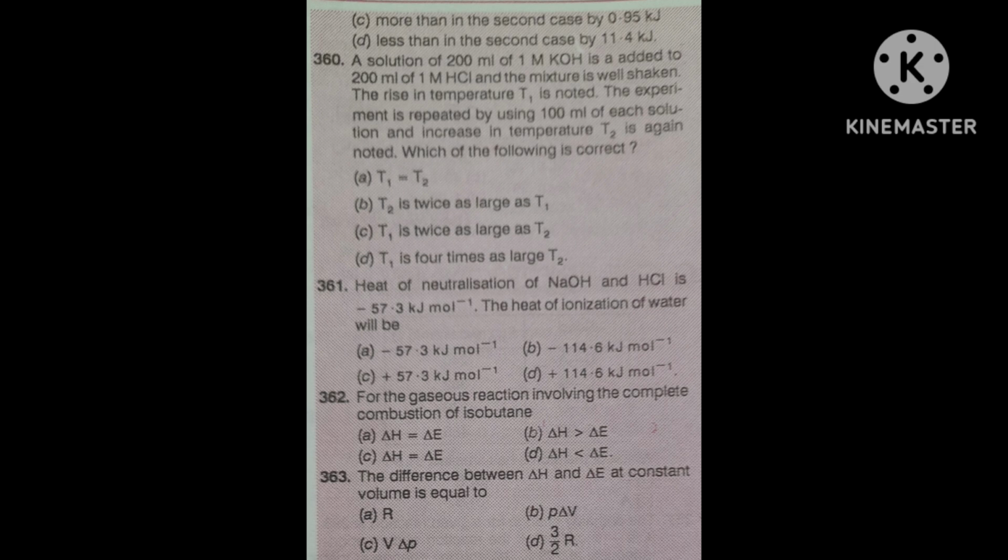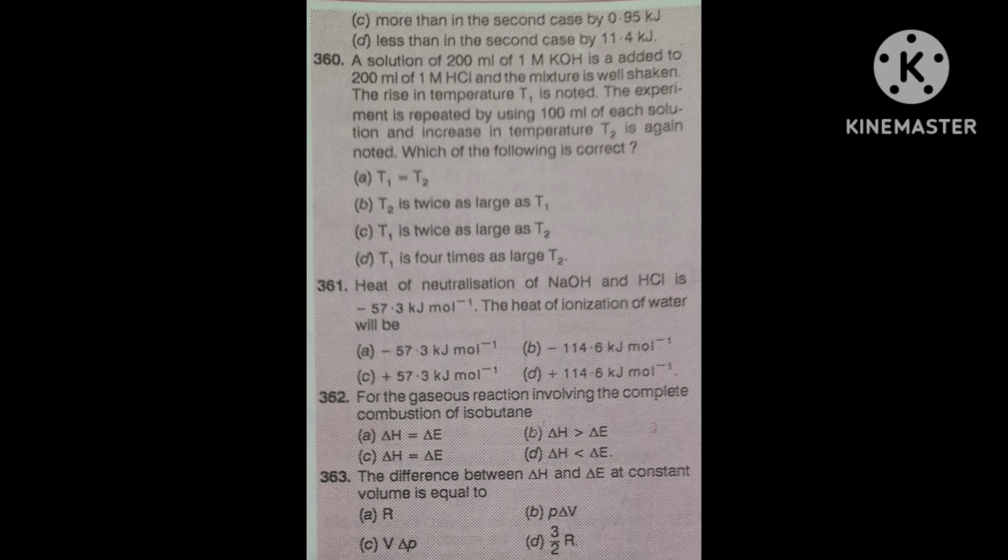Because when H plus ion and OH minus ion form H2O, that amount of heat, minus 57.3 kilojoule, is evolved. If the process reverses, H2O breaking into H plus ion and OH minus ion, the same amount of heat will be absorbed. Hence the value will be plus 57.3 kilojoule. Correct? Hence the correct answer is option C. It is a good question. Here concept is required.